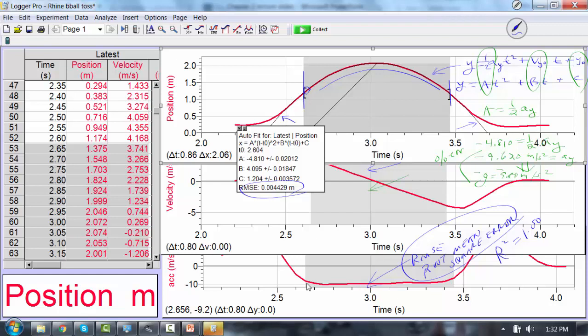But what this number here shows us is the average variation in the y value, or position value, of this graph. And it looks like for this graph, this is in meters, we're about 4.4 millimeters off on average for our actual height of the ball that we measured using sonar, as compared to the regression curve, this black regression curve model that we fit to it.